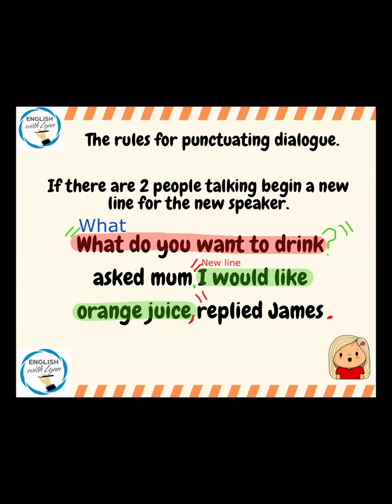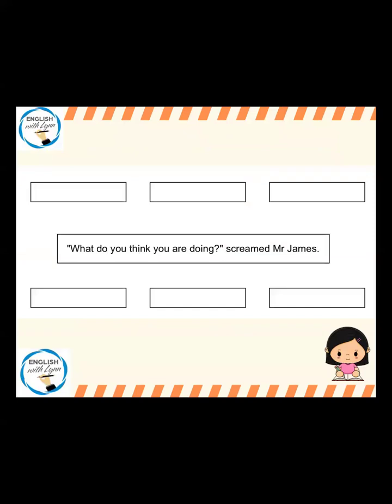So let me get rid of that page and let's look at the bits that you have got on your bit of paper. So we've got this bit here, and I need to read it and think, what is being spoken? "What do you think you are doing?" screamed Mr. James. So I can see that this part here, that is the dialogue.